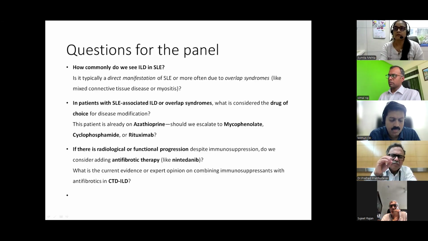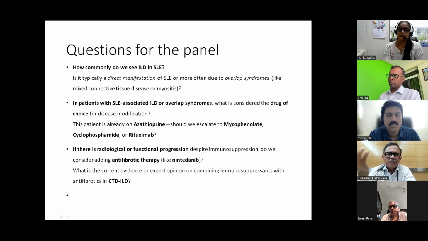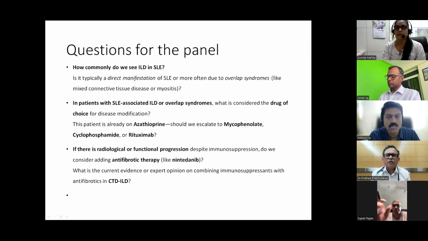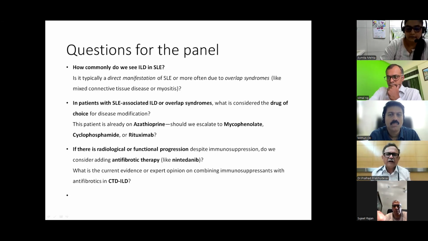But per se, lupus coming to us in practice is much less for a lung point of view. So I can say we don't see many lupus patients. Of course, I'm thinking that they are not referred to us, but we don't know whether we are missing lung disease in lupus. Because this patient's X-ray will be absolutely normal.